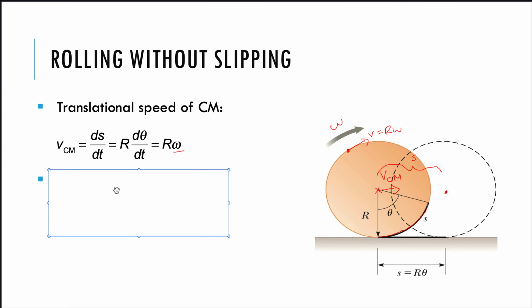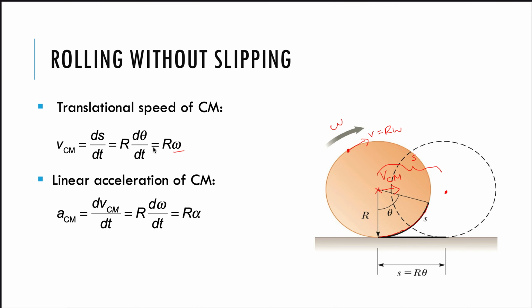We can come up with a similar equation for the acceleration of the center of mass. If we take the derivative of the velocity with respect to time, and plug in r d omega for dv, then we end up with r alpha for the acceleration of the center of mass.